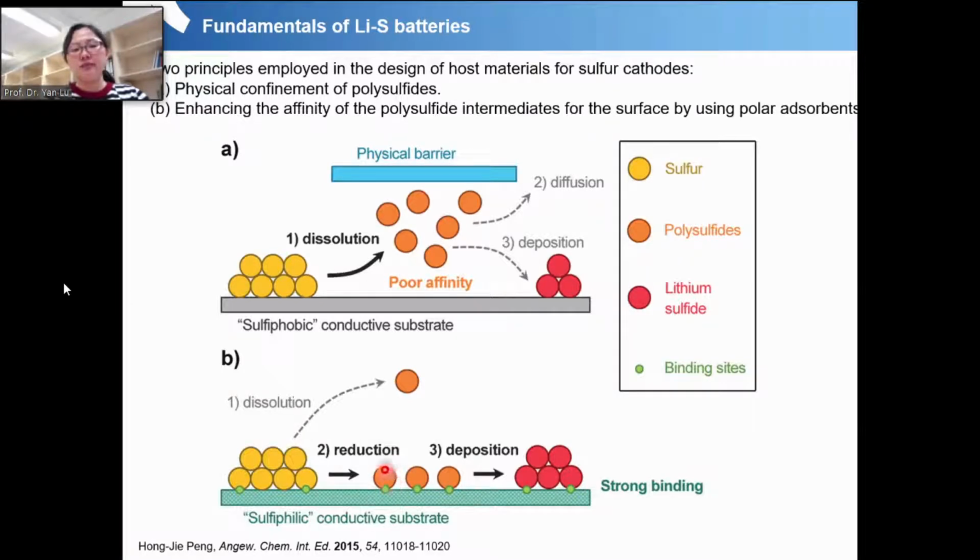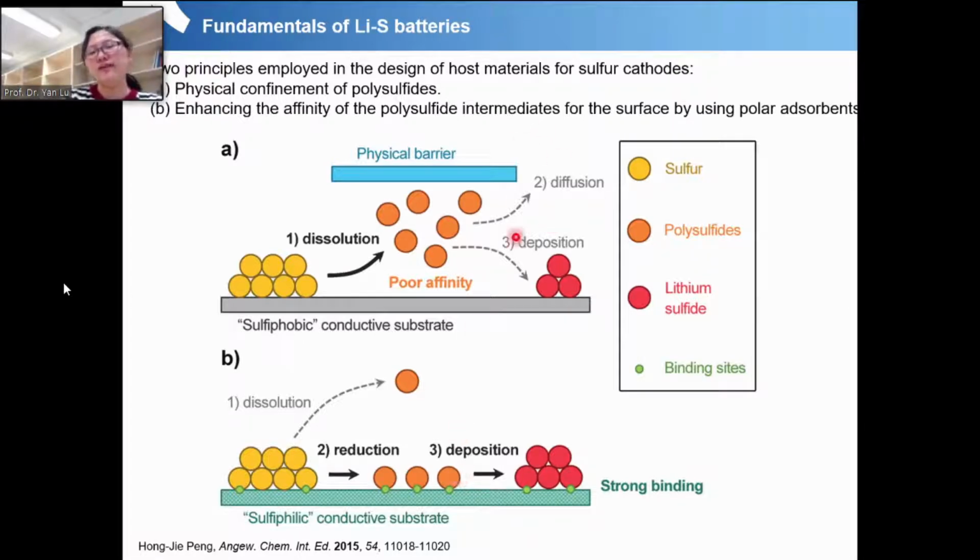You can form a chemical interaction here, and due to this strong binding, you can suppress diffusion or dissolution of polysulfides into the system. This is the second approach for the design of the host material for the sulfur cathode.